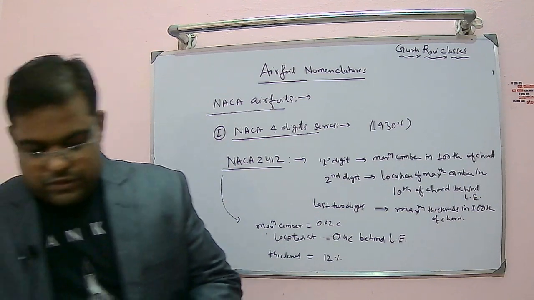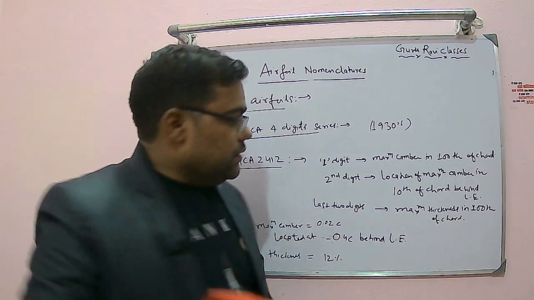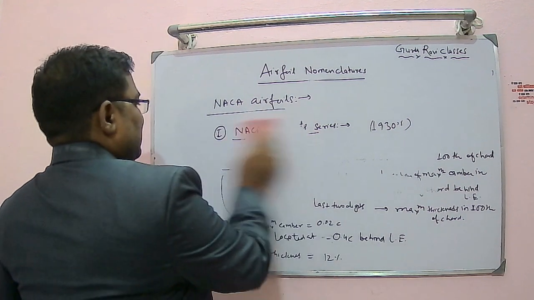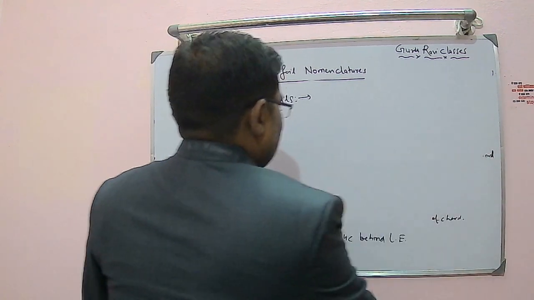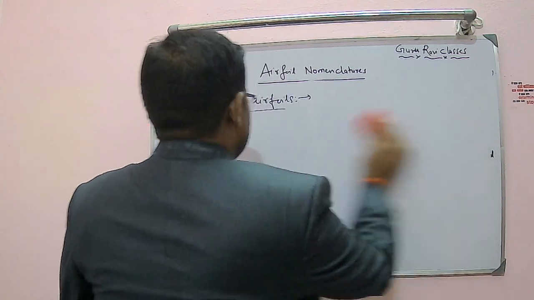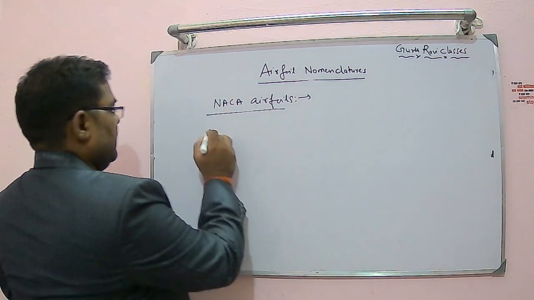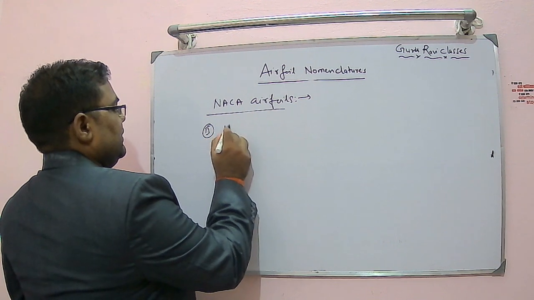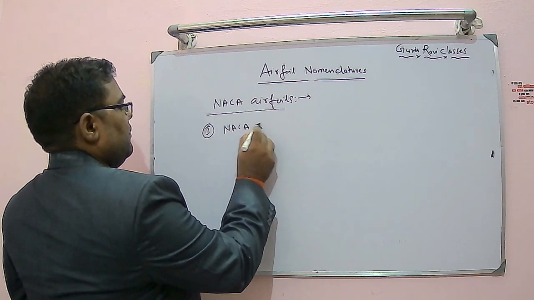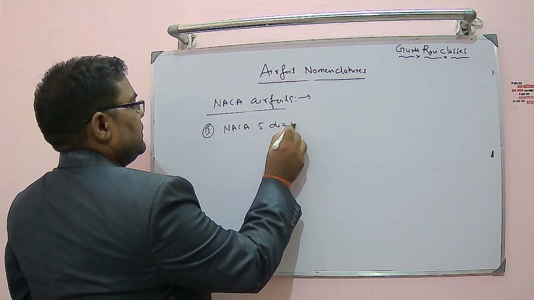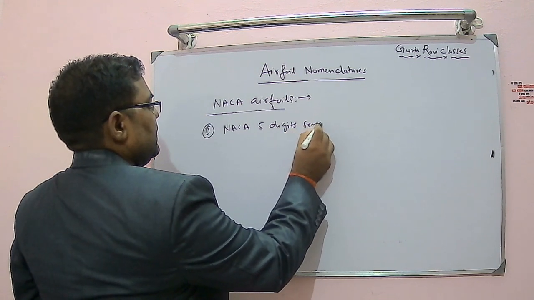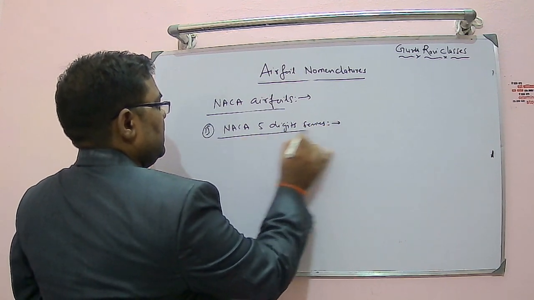So the next series, the second series, is the NACA 5-digit series.